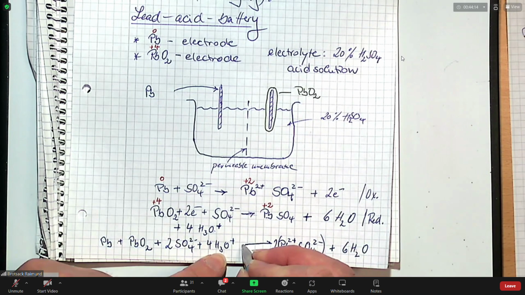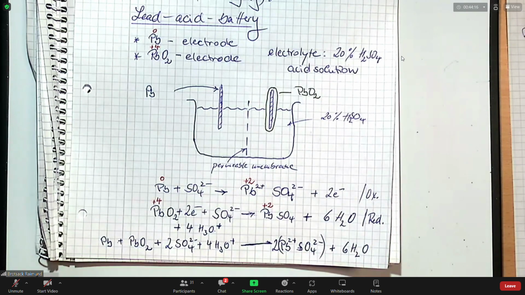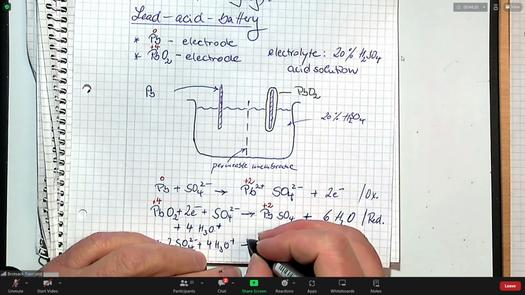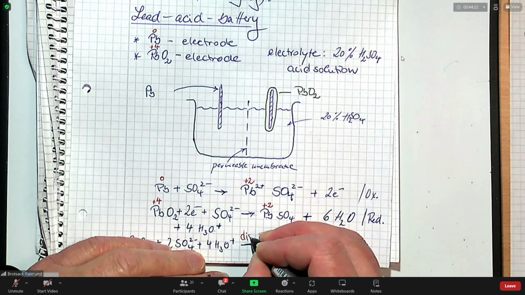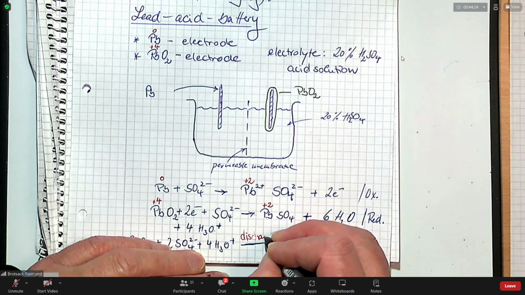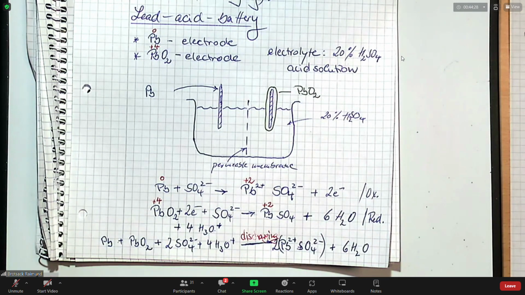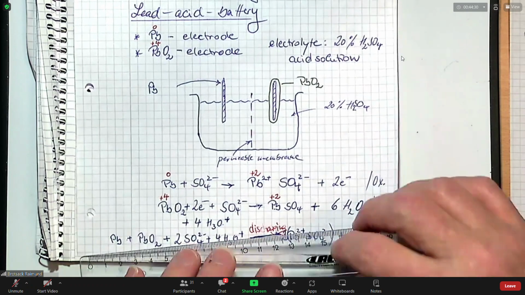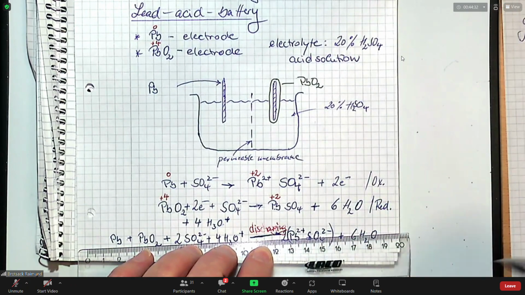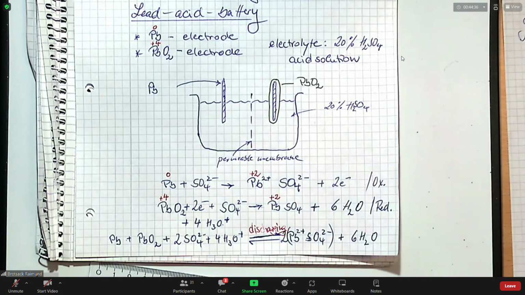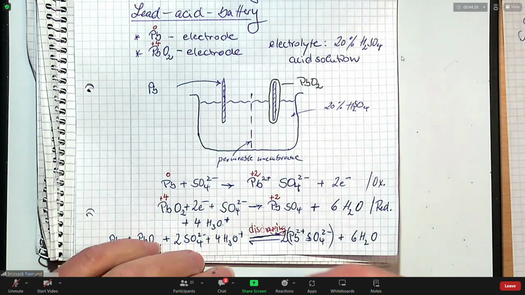And from the left to the right, this is the discharging, which works by itself. And if you want to charge it, you have to add power from outside. Then you can force it in the opposite direction, charging.